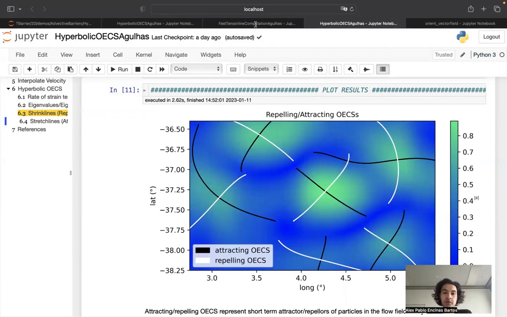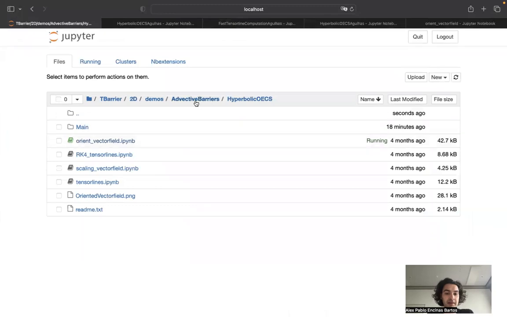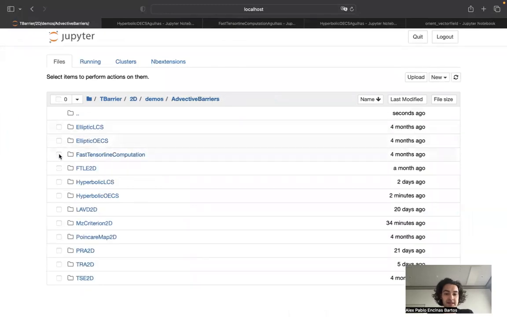Now, an alternative approach to computing the attracting and repelling OECSs without the need to keep reorienting these eigenvector fields is given in this fast Tensorline computation.